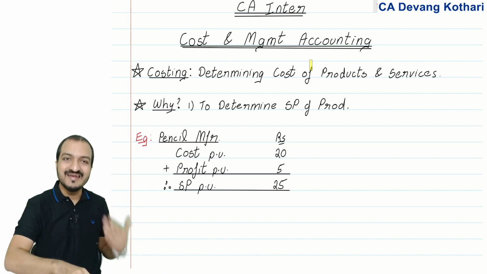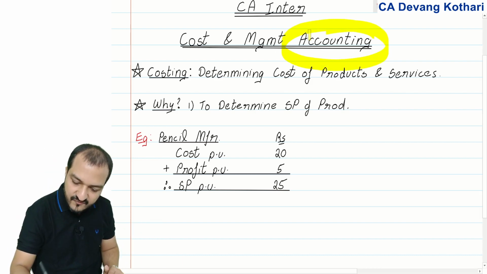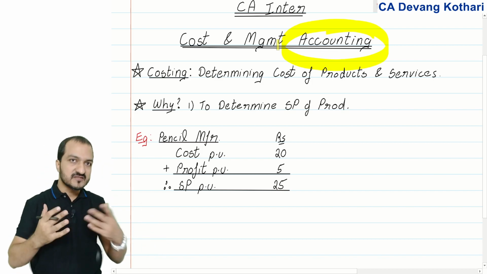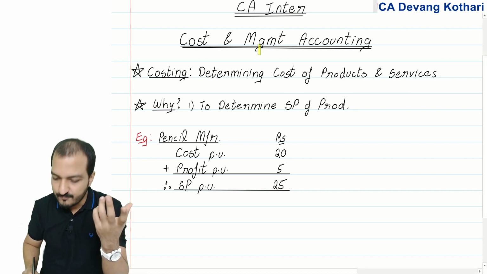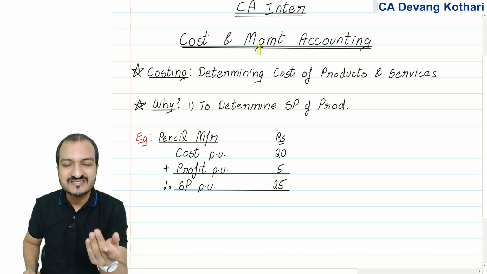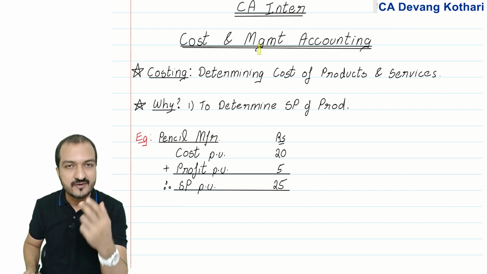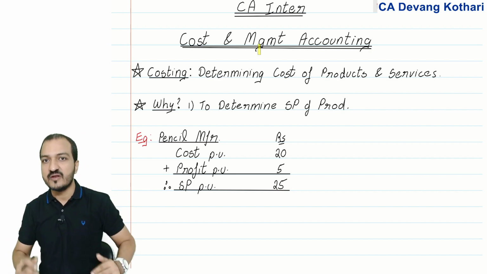See, if you notice the name of the subject, then the name of my subject also involves the word accounting. Let us differentiate what you have been learning in your accounting subject. Probably you have been doing your accounting subject since your school days, 11th standard, 12th standard. Costing is a subject you are learning for the very first time.